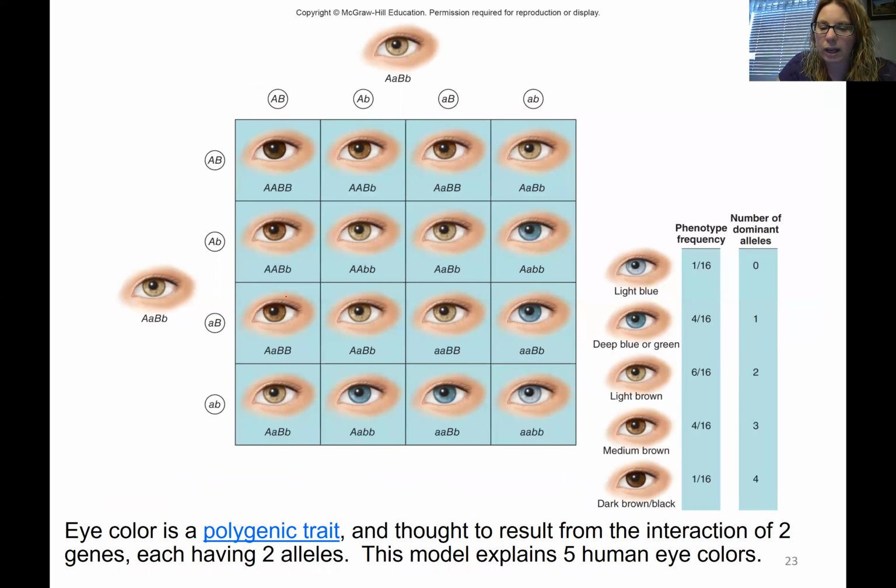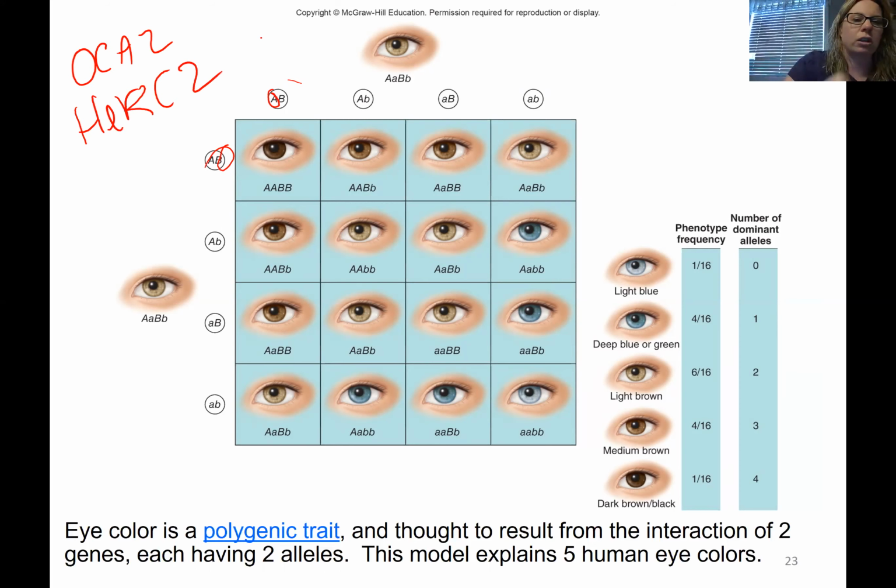Same thing with eye color. Here is showing 2 different genes for eye color. Notice this Punnett square has 16 squares instead of 4 because we have 2 genes we're looking at here, the A gene and the B gene. They're probably representing the OCA2 gene and the HERC2 gene.